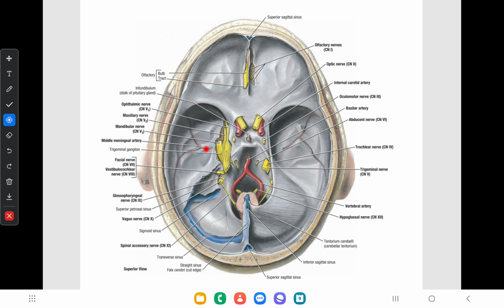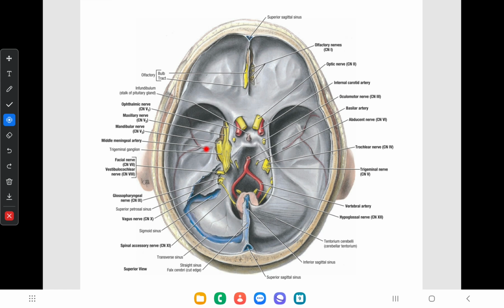Then another condition, when there is a viral infection in the neurons of the trigeminal ganglion, it results in herpes zoster or shingles, in which there is eruption of painful blisters in cutaneous distribution of any one or more of the main divisions of the trigeminal nerve.